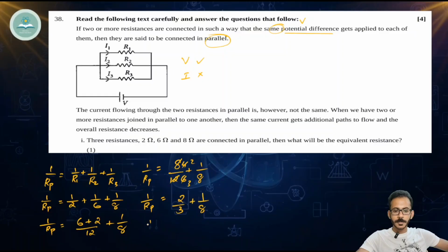Now I'll cross multiply again. 2 times 8 is 16 plus 3 times 1 is 3, over 3 times 8 is 24. So I'll get 1/Rp equal to 19/24.